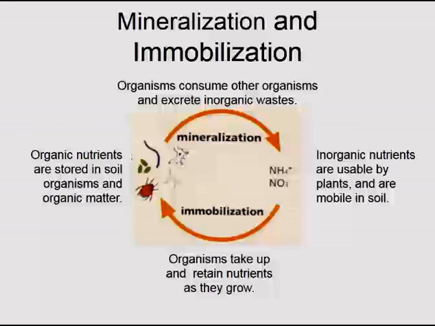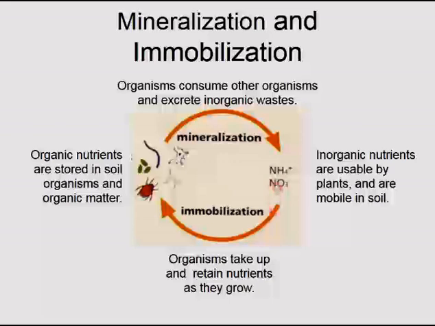Whereas if one of those bugs dies or the bacteria die and they give off ammonium and nitrate, those are two forms of nitrogen that the plant can use. So organisms can consume other organisms, and in the process they'll excrete this ammonium and nitrate. Okay, these are then usable by the plant.